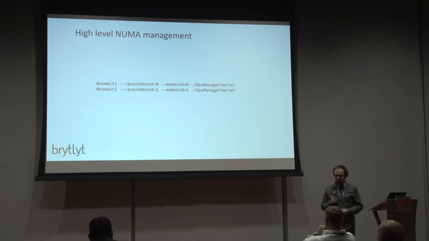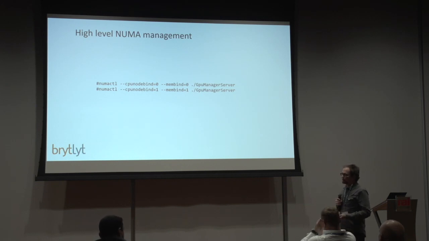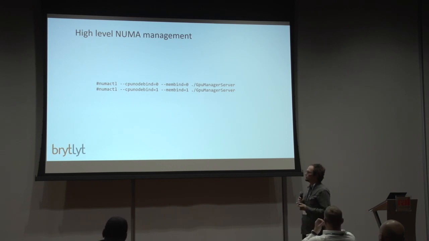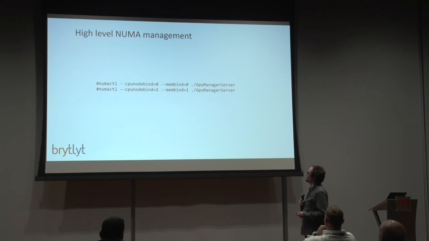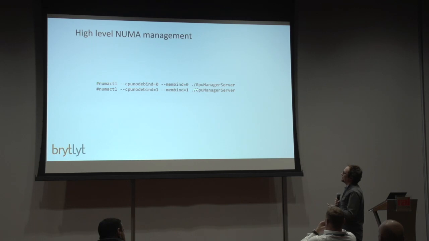As Richard mentioned, our application is cloud-based. So the first approach, which worked quite well, was not to modify the code of the application, but to create two separate nodes on one machine. We ran two instances of our application on a single machine. This is our application called GPU Manager, the process responsible for computing in our database, and we just used numactl methods, binding CPU and memory to a single NUMA node, and started the process.